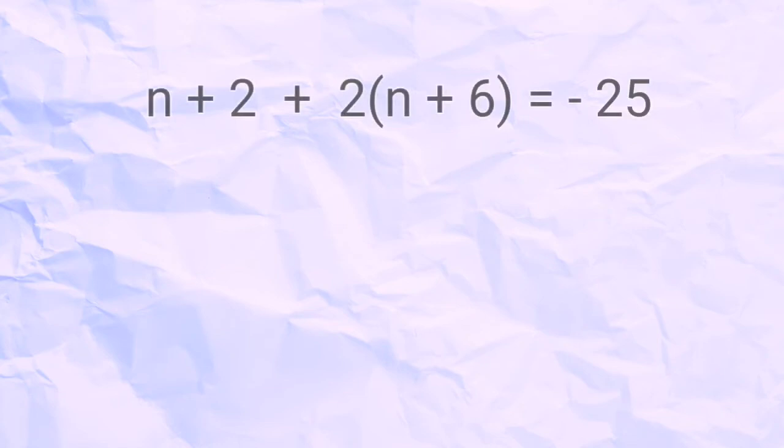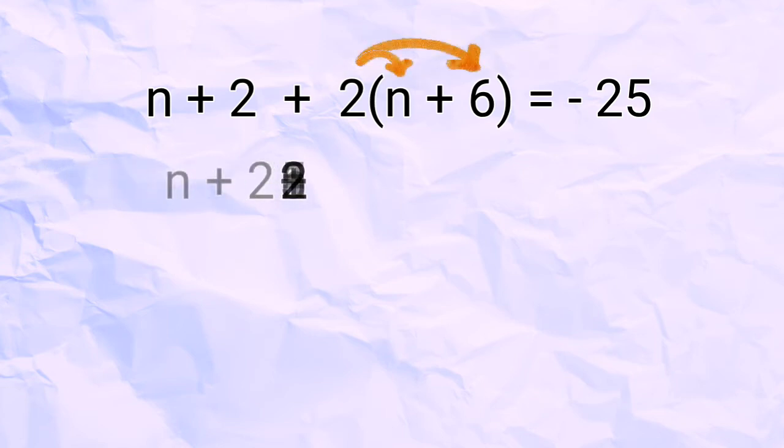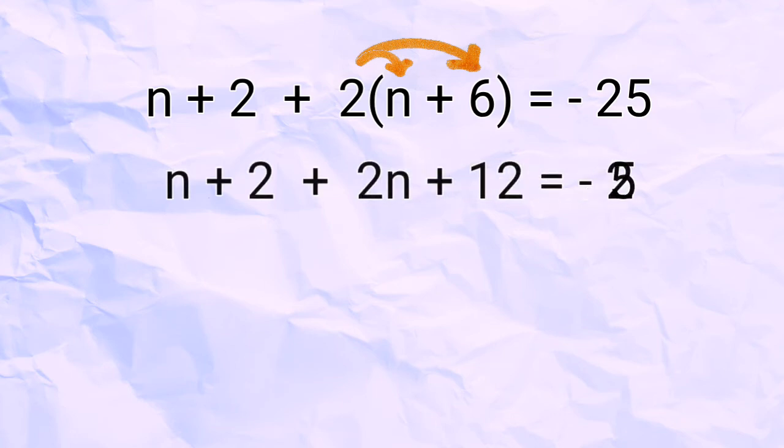Now we need to solve for n, so we'll start by simplifying the left-hand side of the equation. We'll distribute the 2, and we have n plus 2 plus 2n plus 12 equals negative 25. Then we'll collect like terms and add the constants.